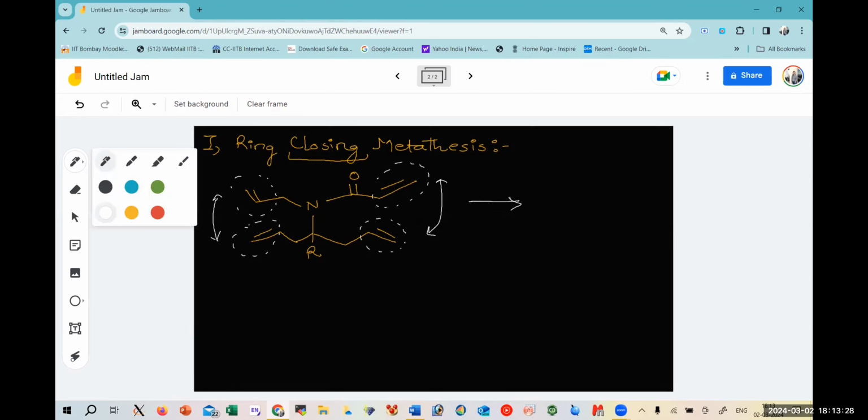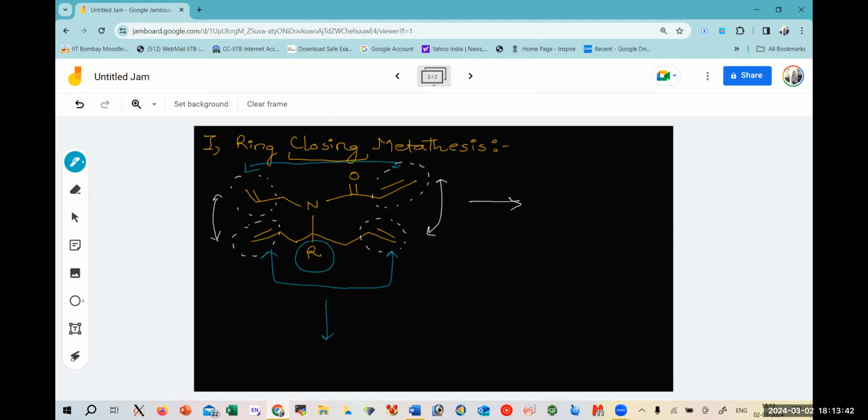Or if I have the combination of these two highlighted in blue in metathesis, that would give you another type of compound depending on what your R group is. So if your R group is hydrogen, it is not a bulky group.